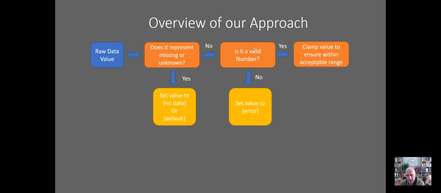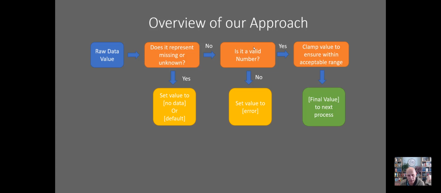If it is a valid number, then what we want to do is the final cleanup, which is to clamp the value to ensure that it is within the acceptable minimum and maximum range, so that values that are too high or too low will not enter into the further downstream processes. So after we've done the clamping, then that will give us our final value.